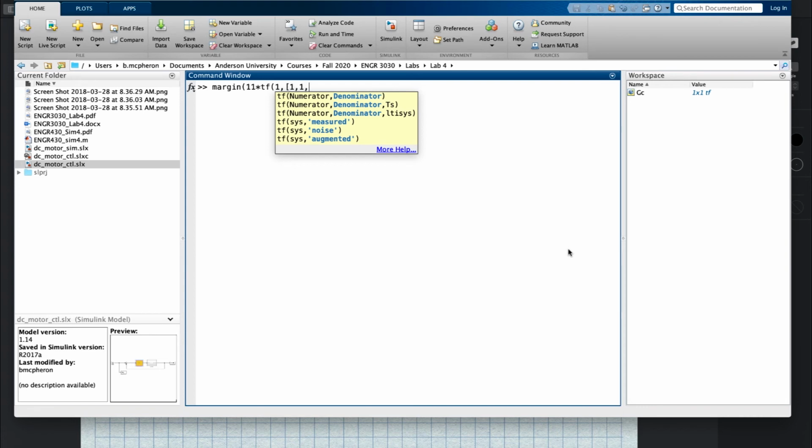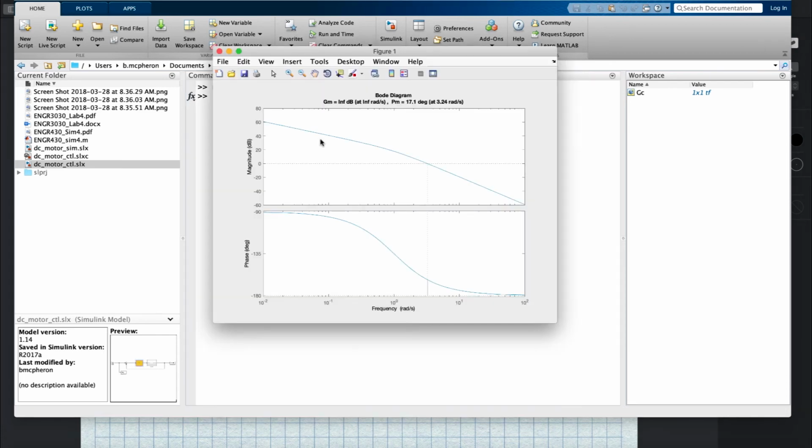So 1, 1, 0. Let's check that out. Okay, this tells me that the phase margin is equal to 17.1 degrees at 3.24 radians per second.